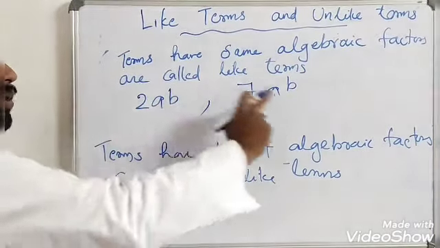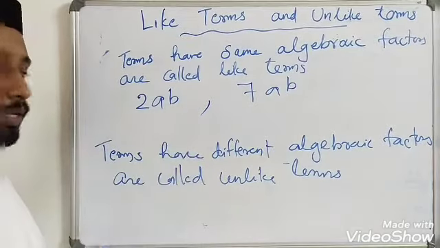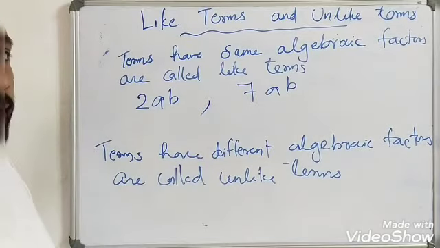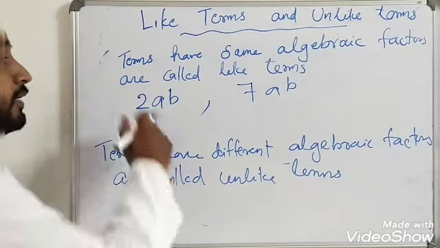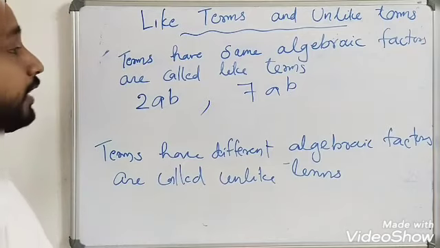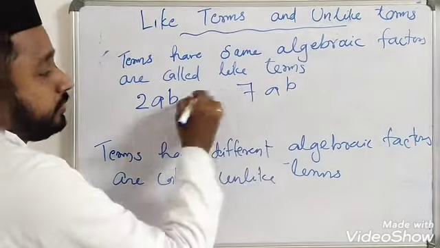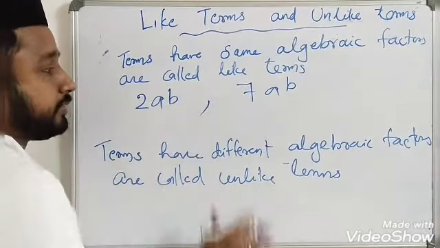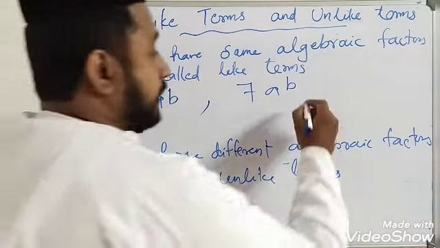Here b, here also b. Both are equal. Only the number is different. So terms of the same algebraic factors are called like terms. So 2ab and 7ab are like terms.